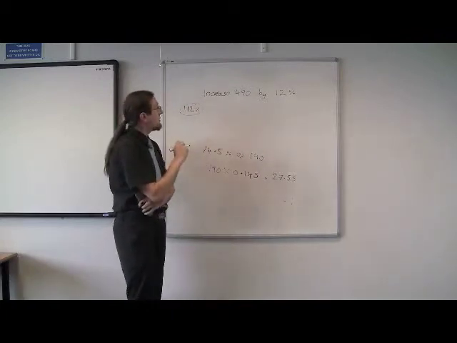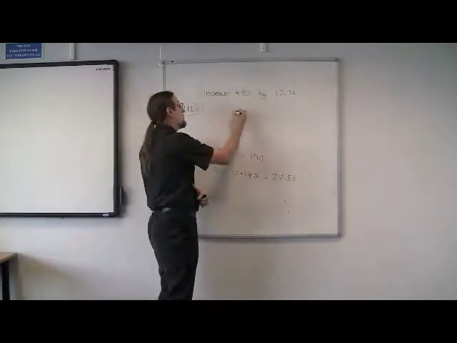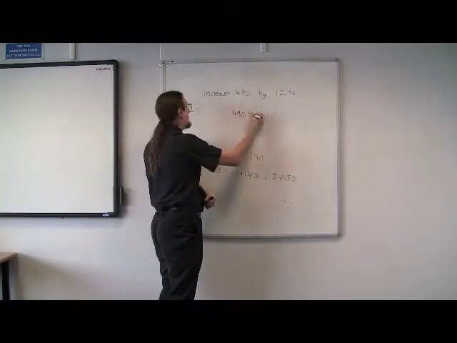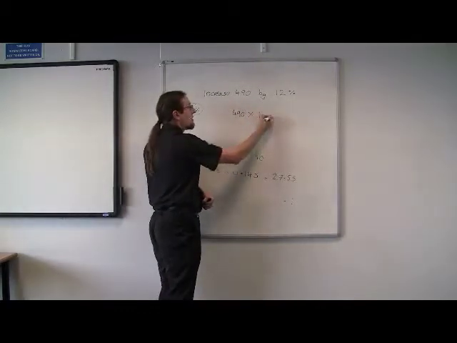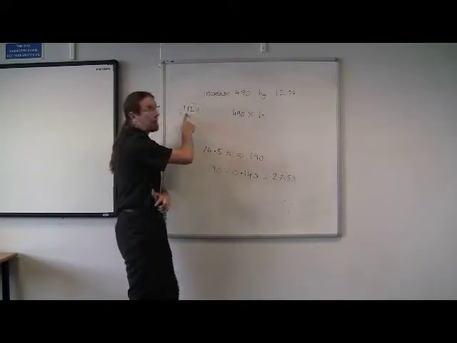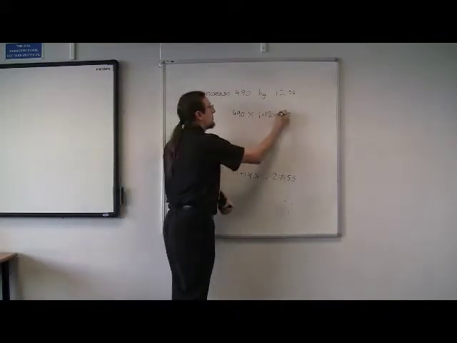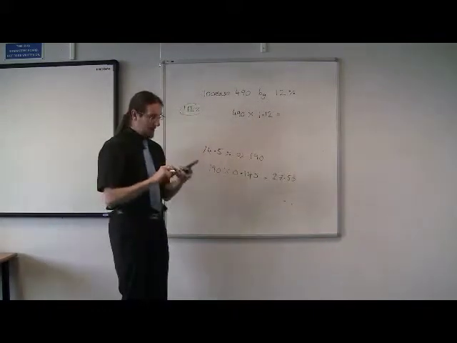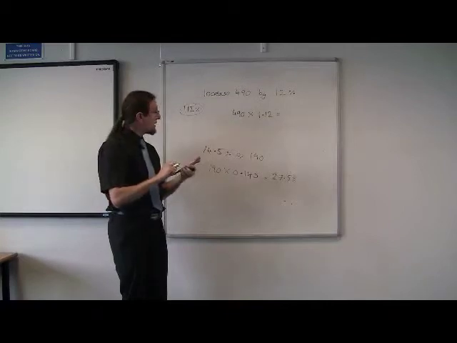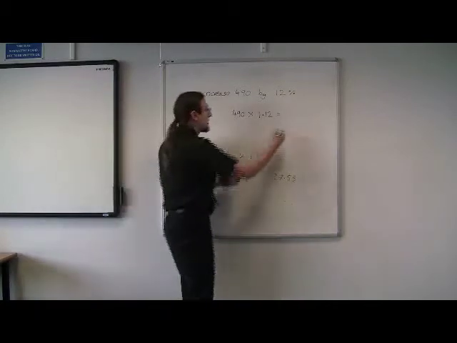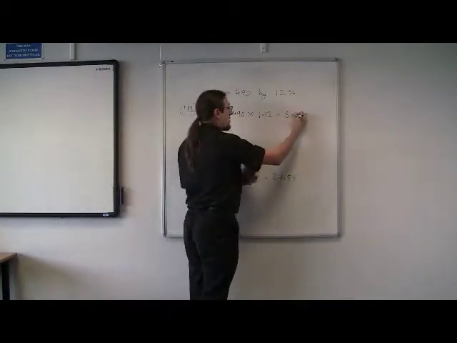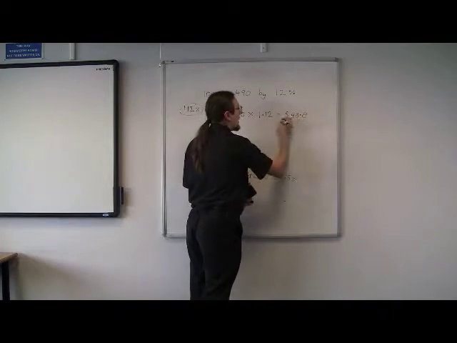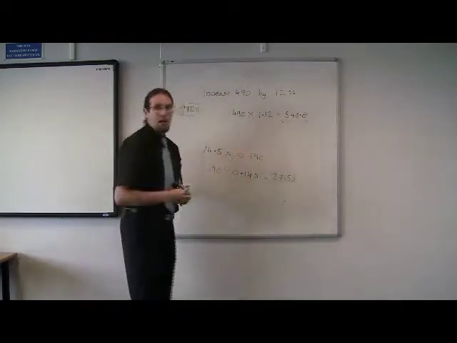In this case, our decimal multiplier is 1.12: the 1 represents the 100%, and the .12 the increase, and you get straight to your answer. So let's try that. 490 multiplied by 1.12, so 112%. We have 548.8, final answer.